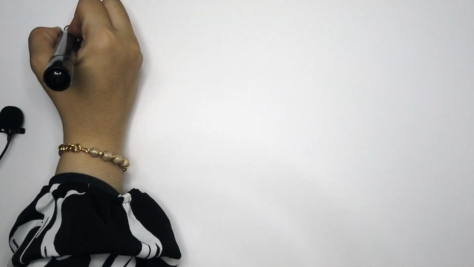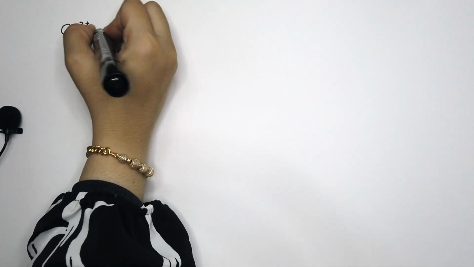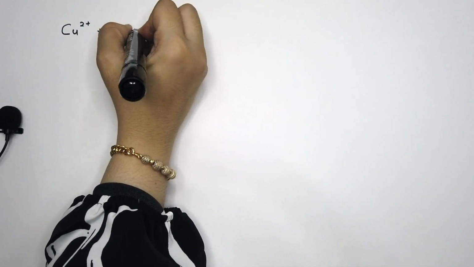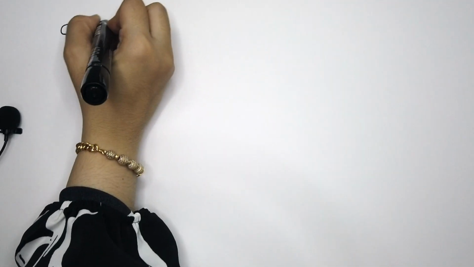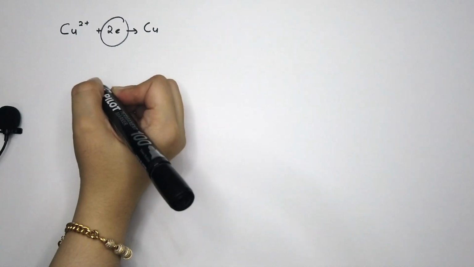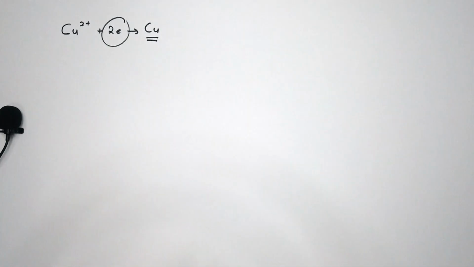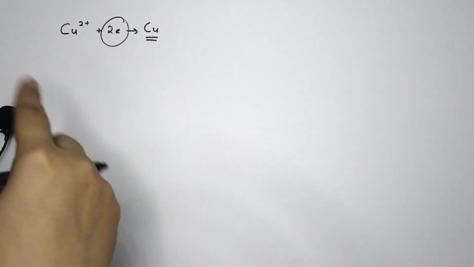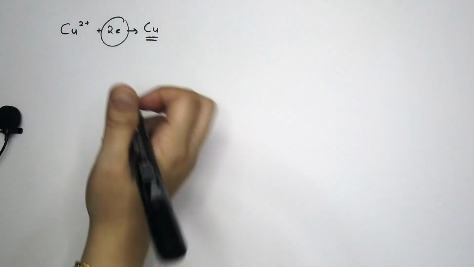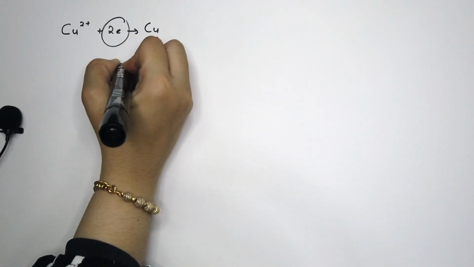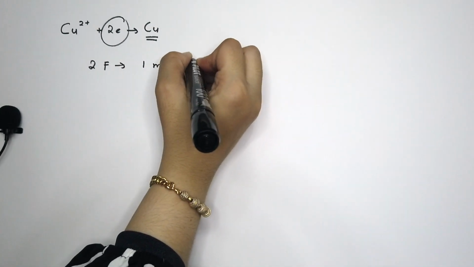Alright, I'm just going to do a quick recap. Just now, how are we going to calculate it? By looking at the number of electrons. So you know that it's Cu2+ plus 2 electron shall produce copper, right? And then since we have 2 electron over here, it means that we need 2 Faradays to produce 1 mole of copper. If you have 1 electron, means 1 Faraday to produce 1 copper. So from here, we said that 2 Faraday shall produce 1 mole of copper.